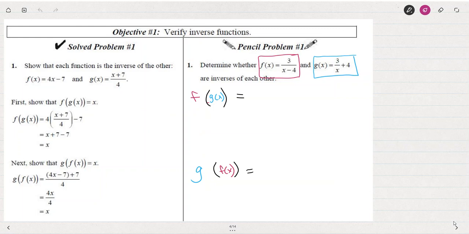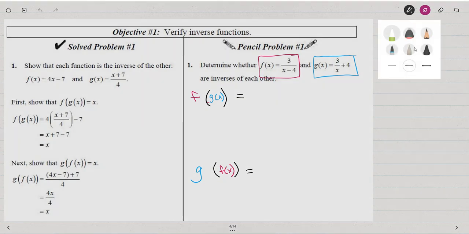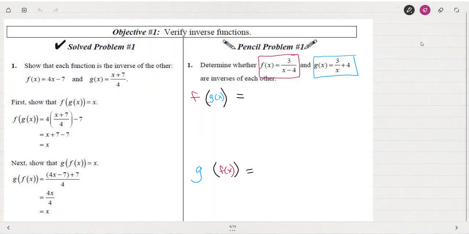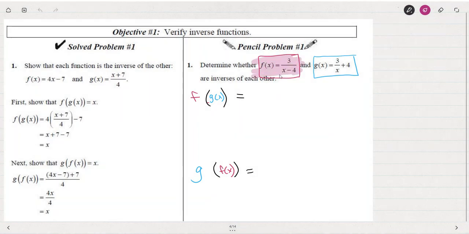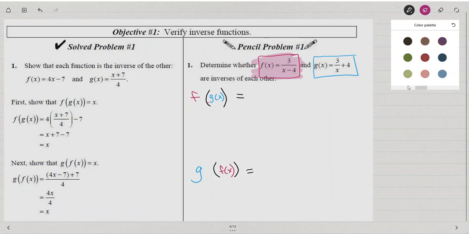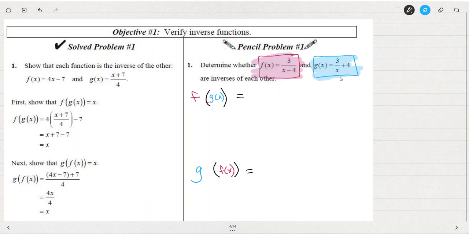Let's look at an example. If we have this function f of x is 3 over x minus 4, and then given g of x is 3 over x plus 4, we should be able to find f of g of x, or find g of f of x. And here's what we know about inverses.